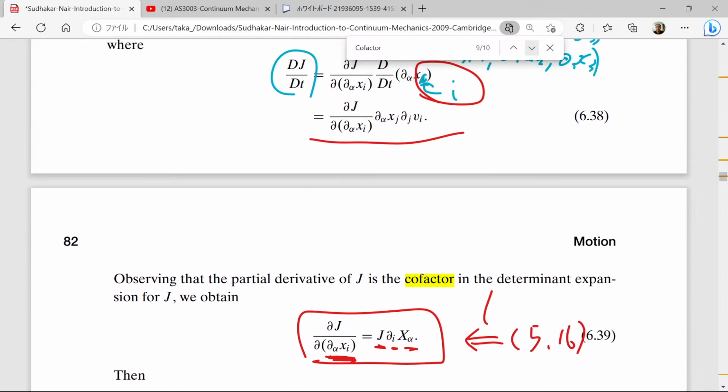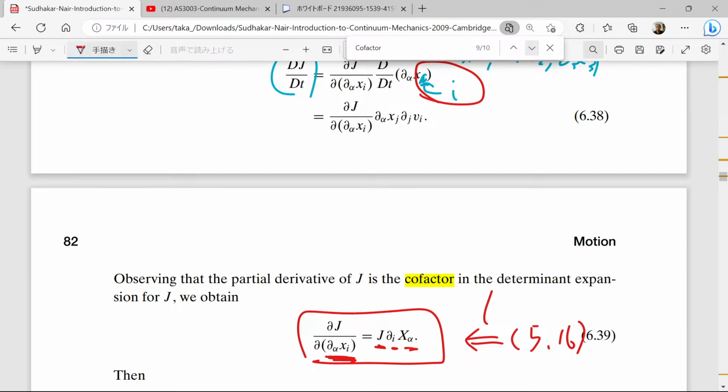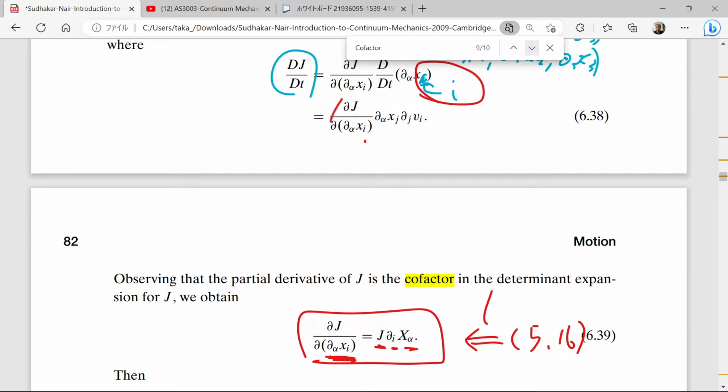So we just need to write this thing replaced by J partial i x alpha. Then you see partial alpha xj and partial i x alpha. This makes delta ij. So then we make a summation.